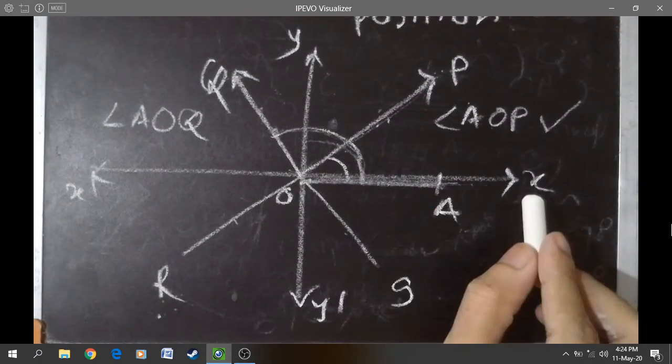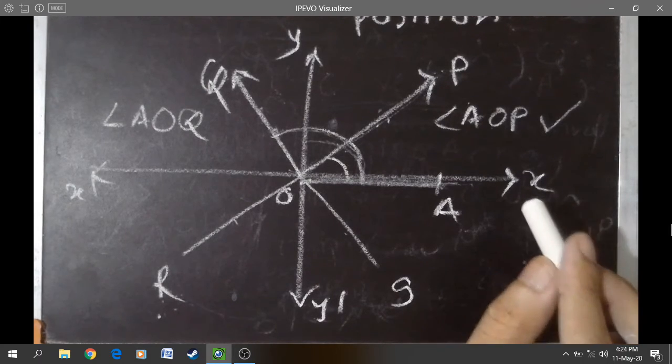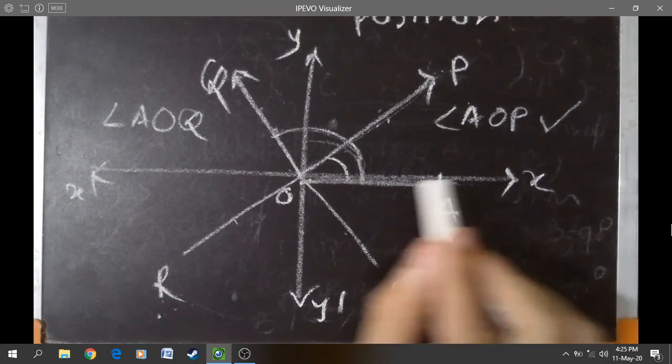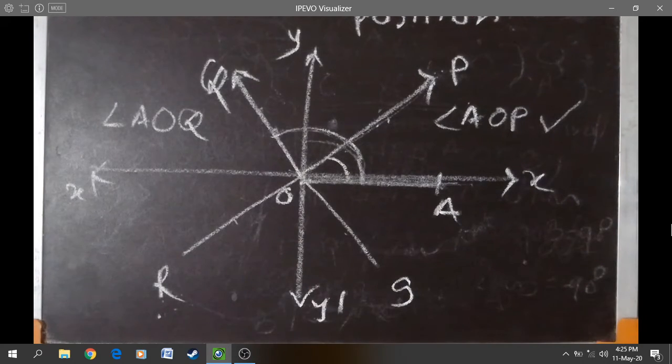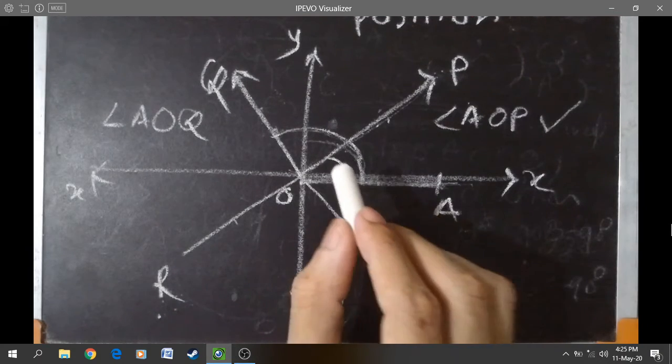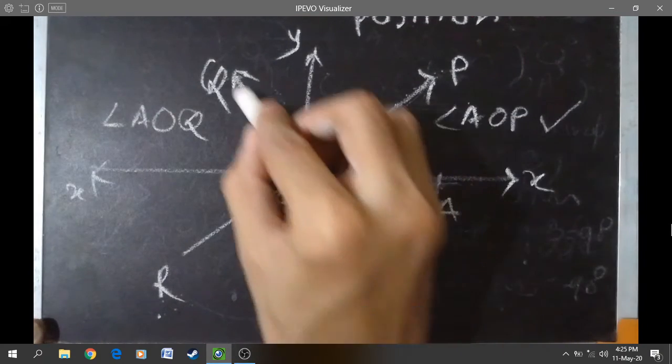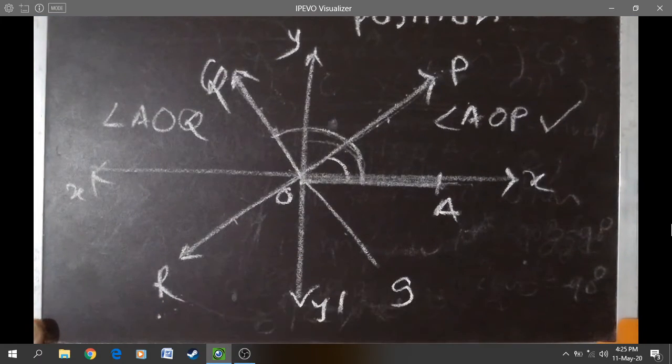OA is the initial ray which is on the positive x-axis, right? And O is the origin of our coordinate system, and also the vertex of our angle. But you can change the terminal rays where you want.